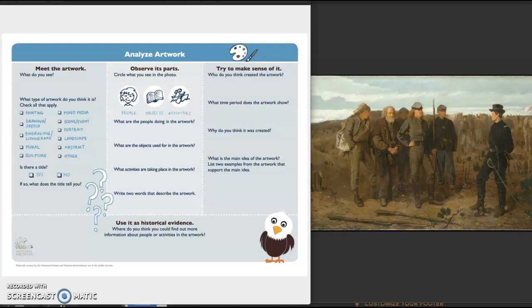So this is what I want you to understand: how to analyze. There's an old saying that many people have used, a picture is worth 1,000 words, and this is a prime example of that because there are so many different things, from the ground to the people to the statures and how the hands are placed.